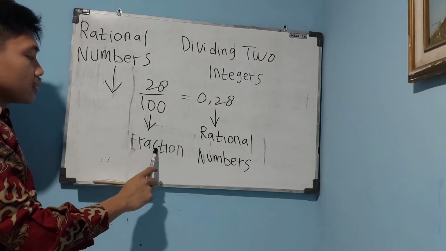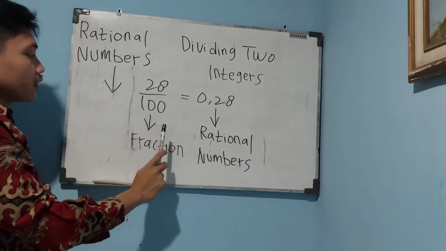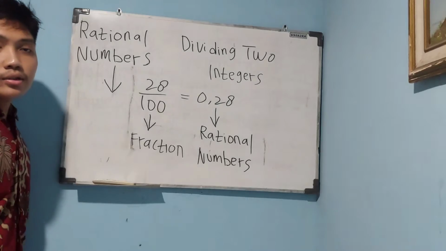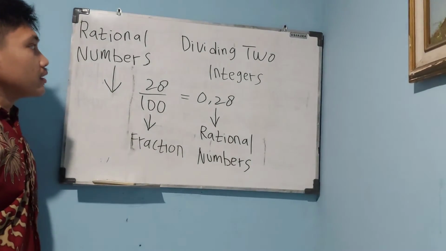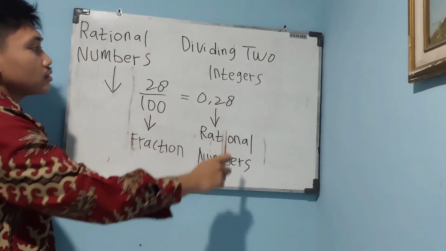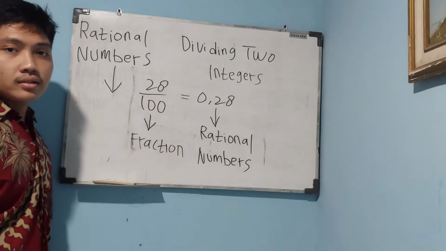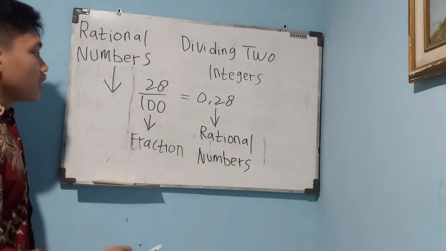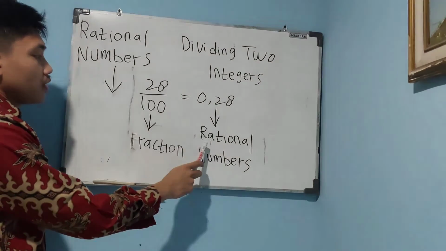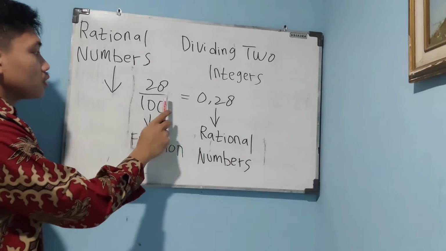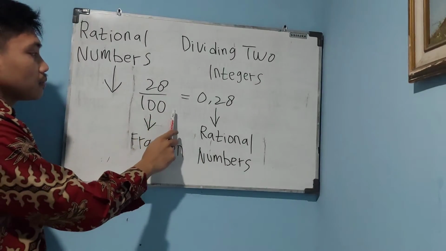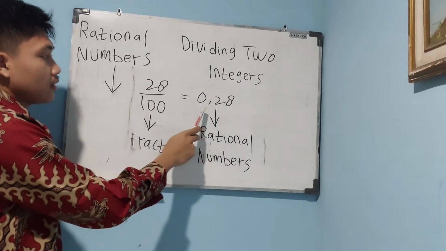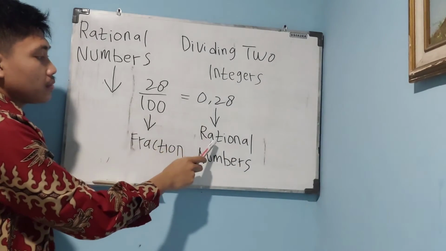So how do we make this fraction become a rational number? As I told you before, a rational number is a division of two integers. Rational numbers also have decimals. So we need to change the fraction into a rational number. So 28/100 becomes 0.28, and this is a rational number.